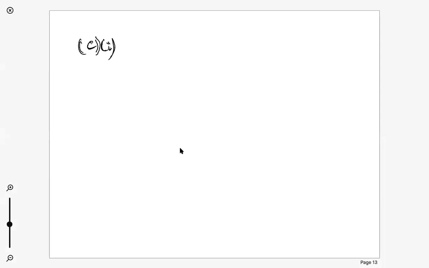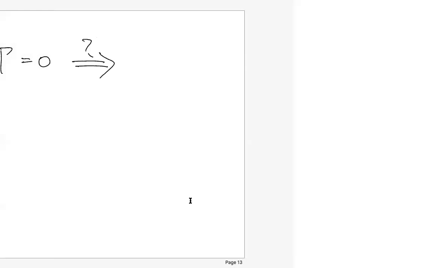The first question is, can we conclude that the space is flat if the Christoffel symbols are 0? So what this really asks is, if we have the Christoffel symbol 0, can we imply that the space is flat?